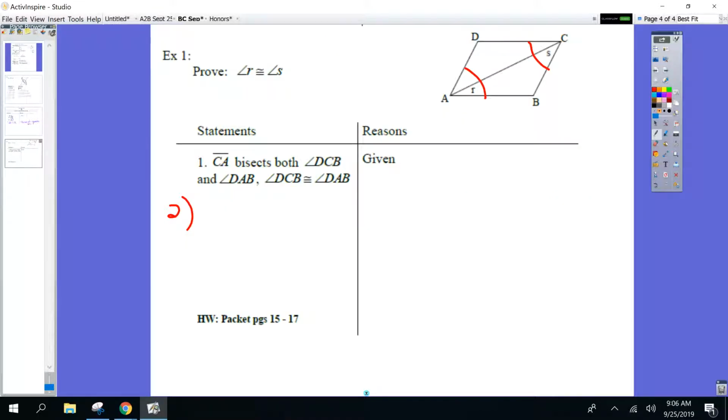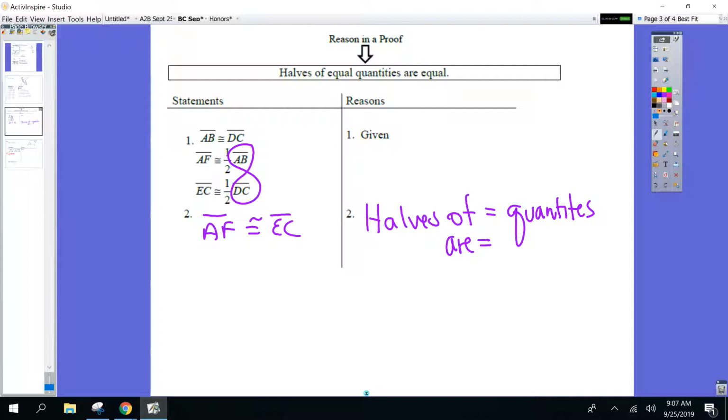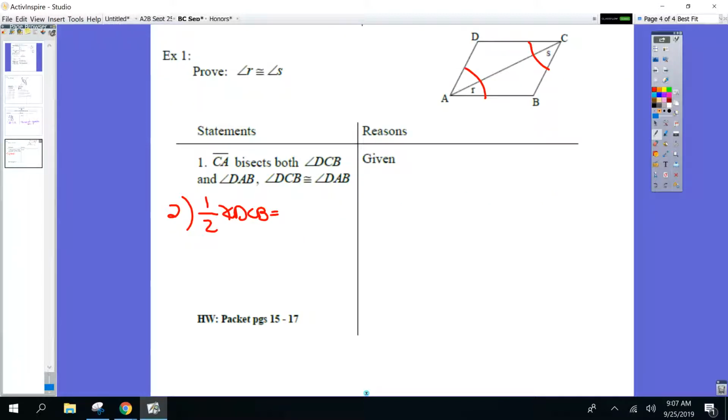Give me one angle that's being cut in half. So I'm going to go half of angle DCB. And just like I did in the last proof, I need to name that new angle. In that case it was a segment, but now I've got to name that new angle. So let's go up to my diagram right now. Everyone sees where DCB is.